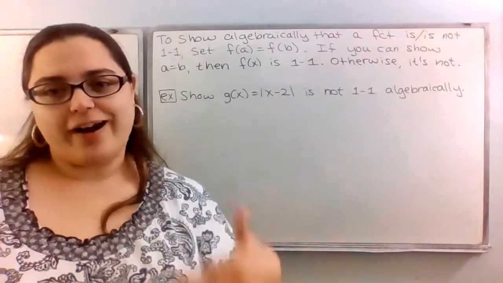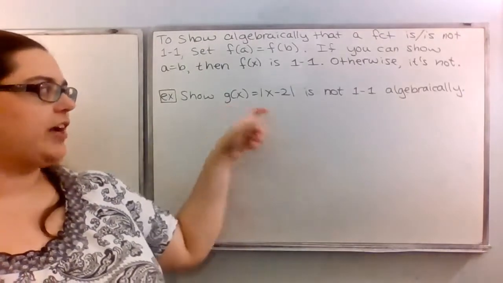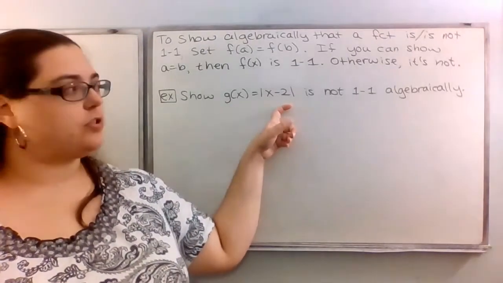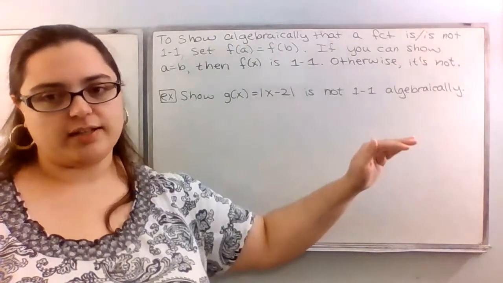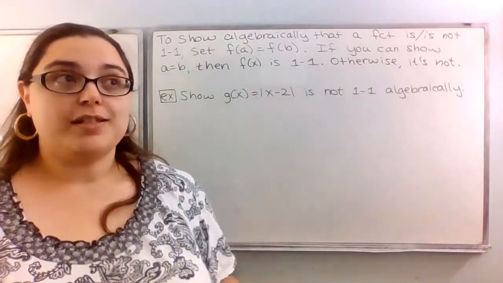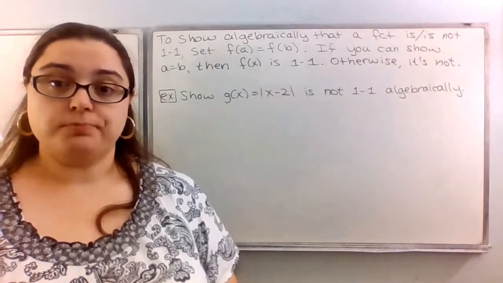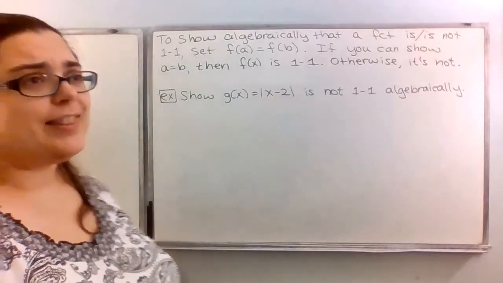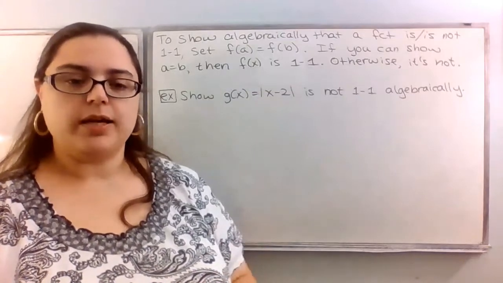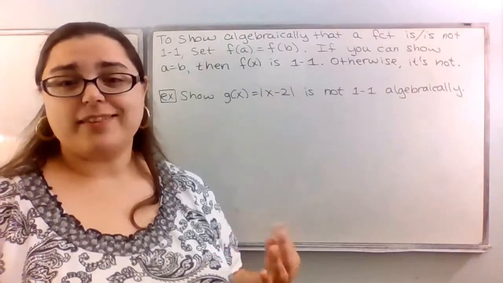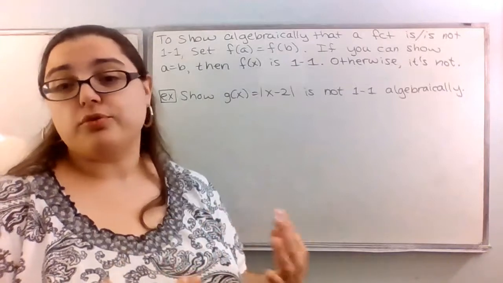So we just saw graphically that this function g of x equaling the absolute value of x minus 2 was not one-to-one. It failed the horizontal line test. So let's see algebraically why that's true. This, much like the even and odd stuff that we did in the previous video, is going to be fairly mini proof-like.